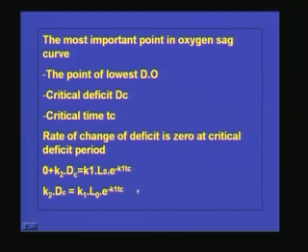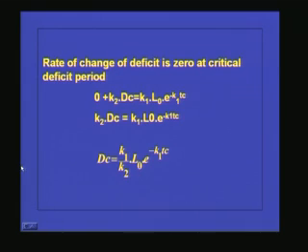So our original equation will become 0 plus k2 DC is equal to k1 into L naught into e raised to minus k1 tC. So we can find out the DC value. DC is equal to k1 by k2 into L naught into e raised to minus k1 tC. So if you know the tC value, then we can find out the deficit DC at that point.